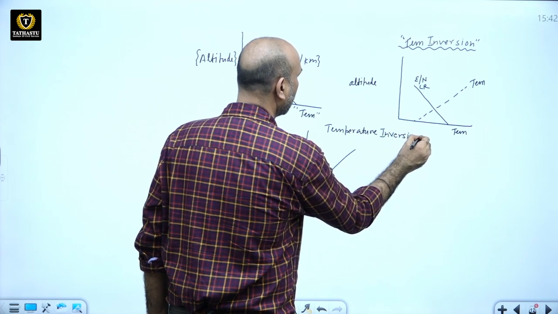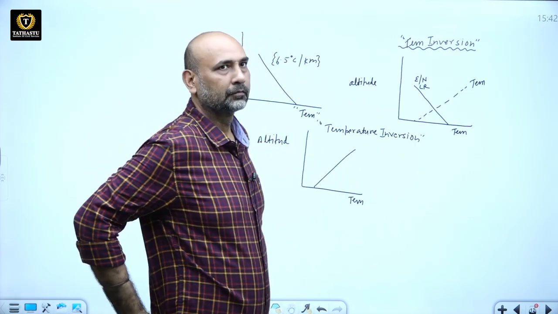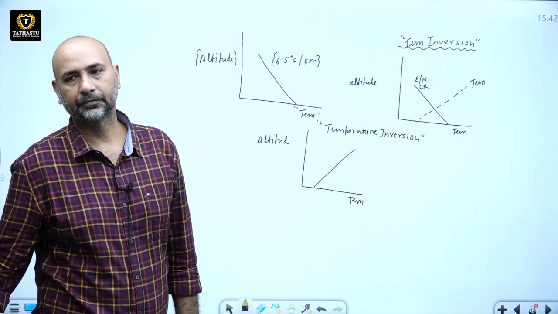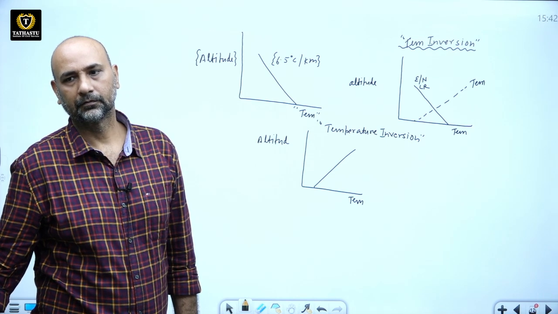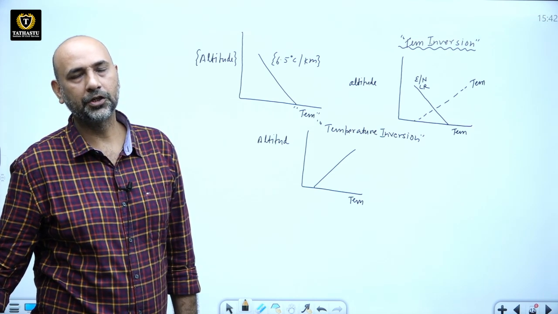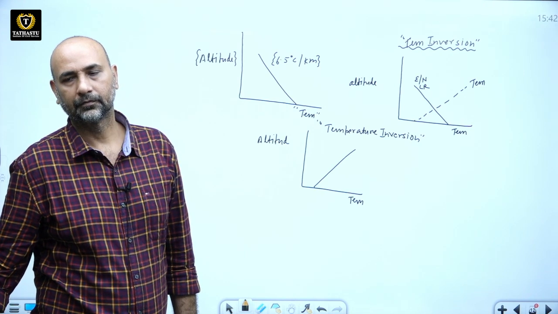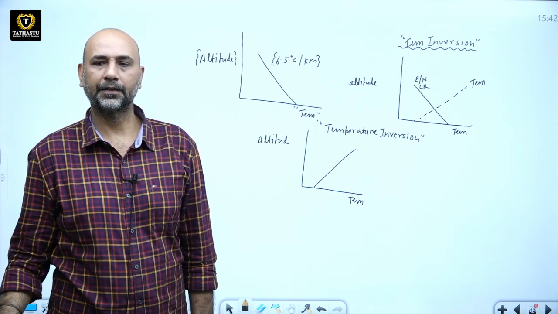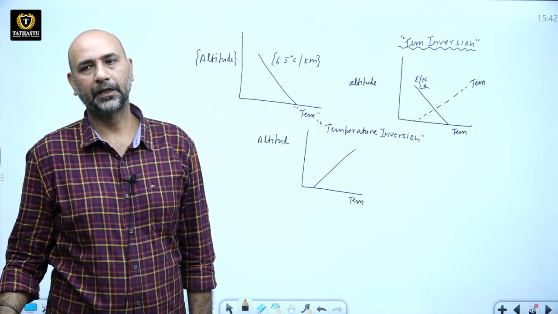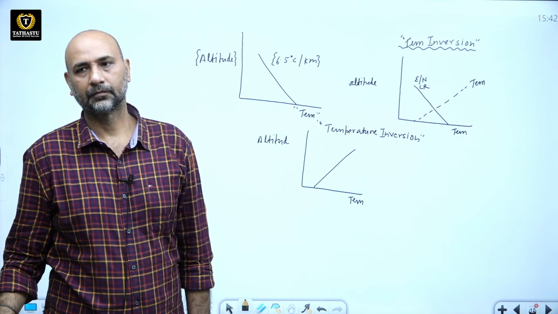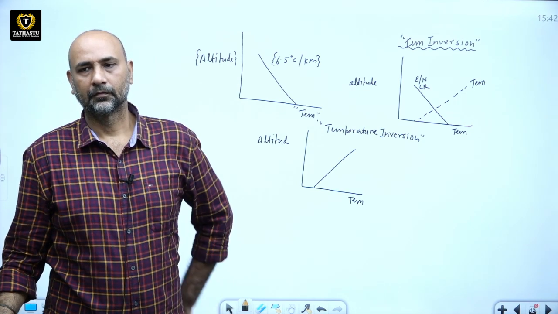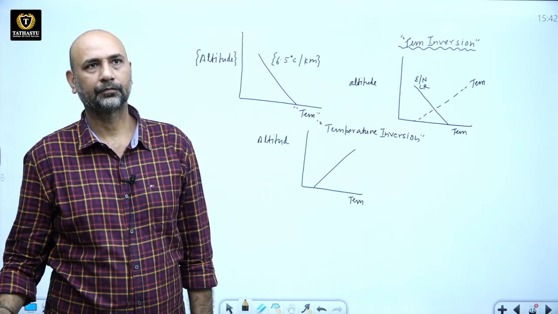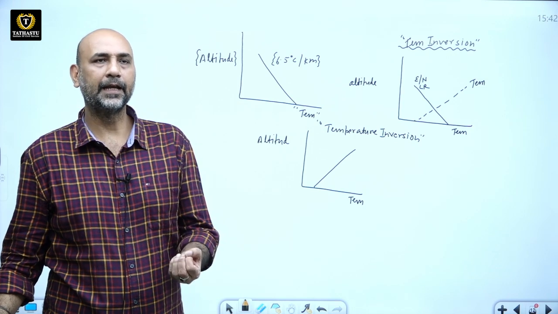So write down the definition of temperature inversion. Rise in atmospheric temperature with altitude is described as temperature inversion. Temperature inversion is an anomalous condition.